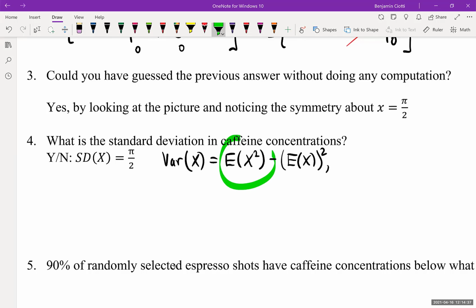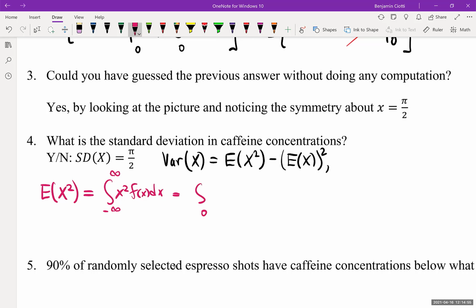Let me just do this term. It's the so-called second moment. So this will be the integral of x squared f of x, which will be the integral from 0 to pi of 1/2 x squared sine x dx.